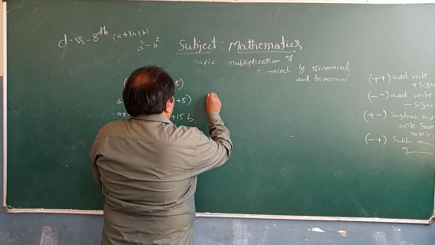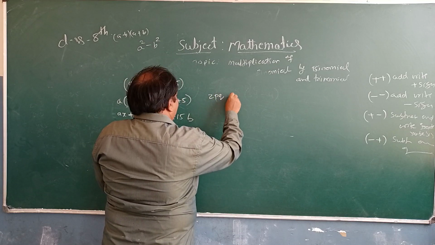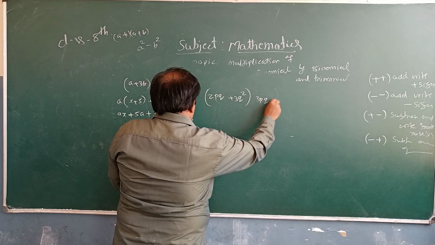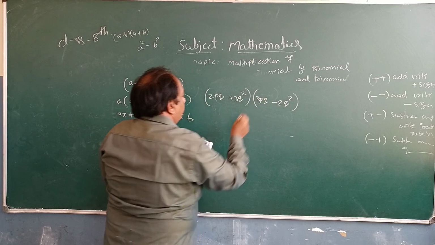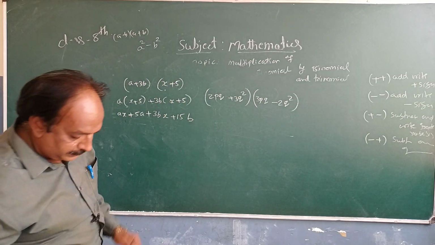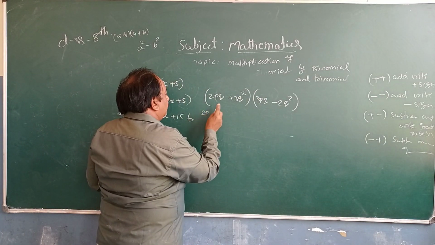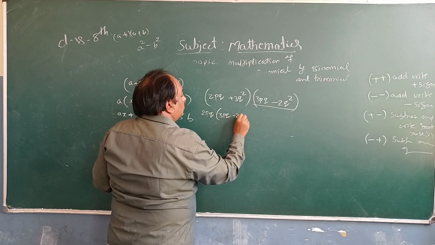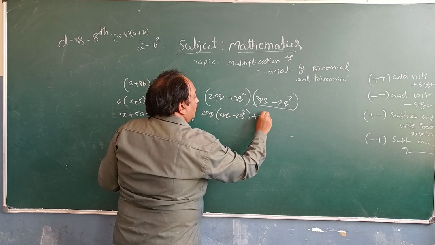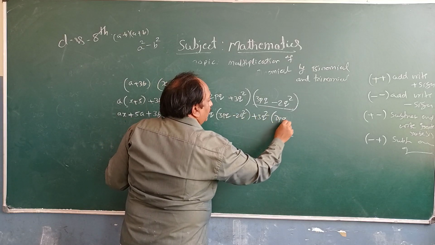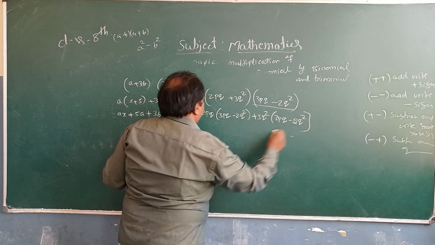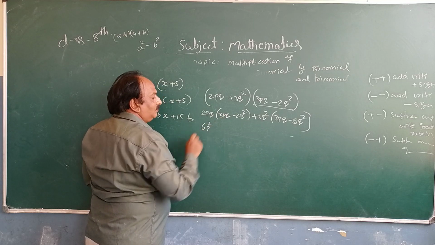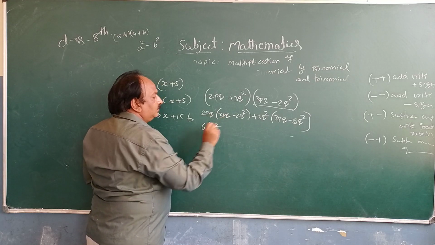Next one is (2PQ plus 3Q square) into (3PQ minus 2Q square). 2PQ into the second term (3PQ minus 2Q square), plus 3Q square into (3PQ minus 2Q square). 3 2s are 6, P into P, P square, Q into Q, Q square.